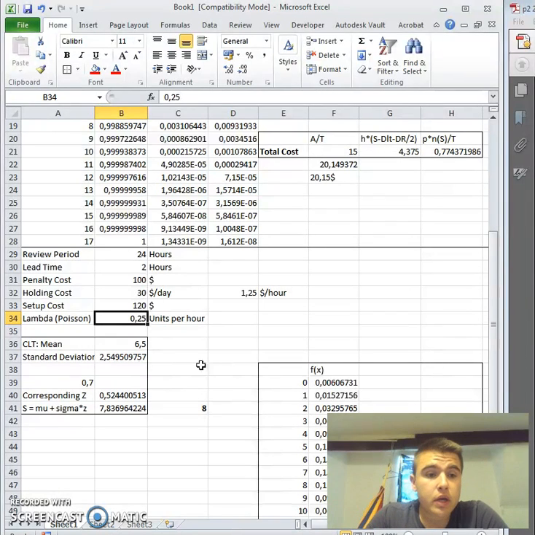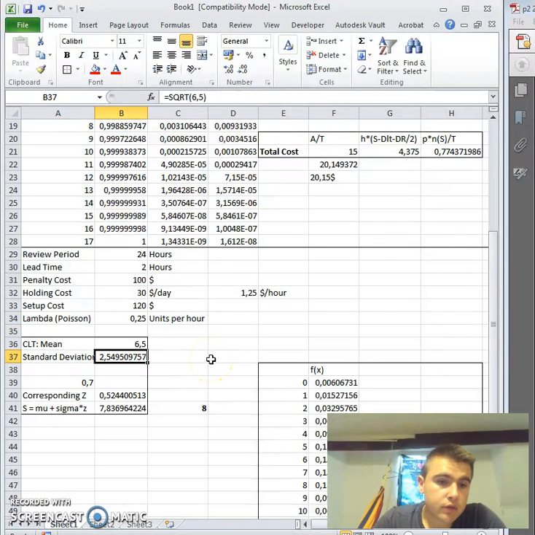So the mean and the variance are both 0.25, and if we take a normal approximation for 24 hours, we simply multiply the mean and the variance by 24. So that's 6.5, and the variance is also 6.5, so the standard deviation is the square root of 6.5.